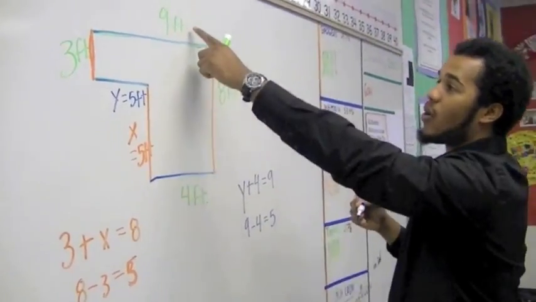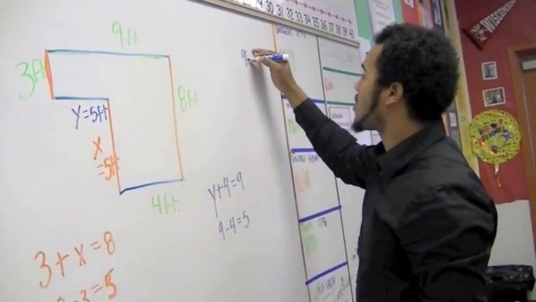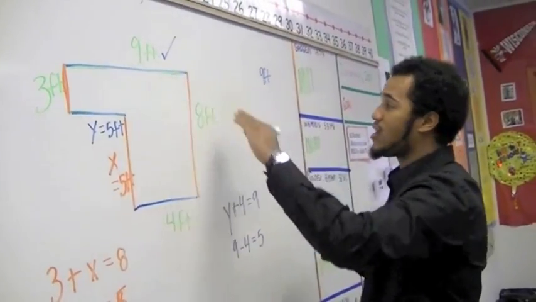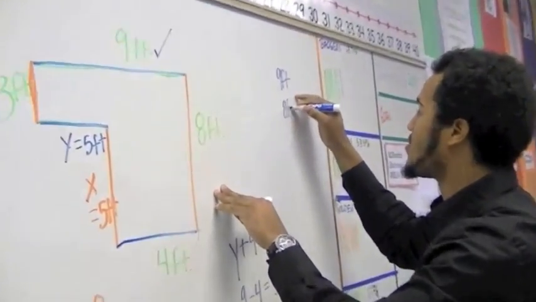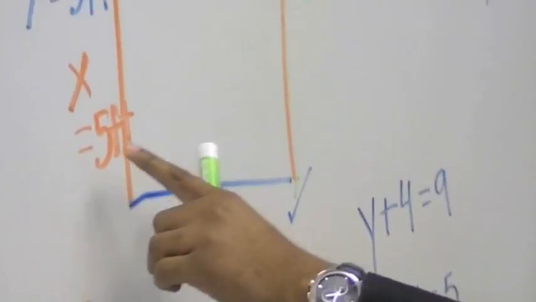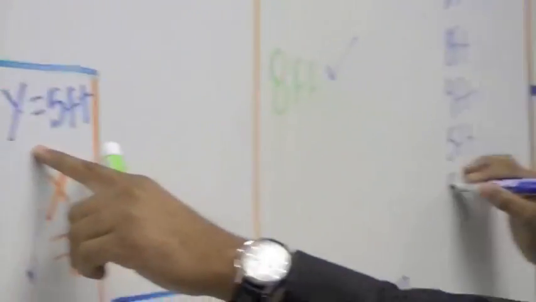Okay, so I'm going to add up all the sides. So we have 9 feet. And we're going to check off so we know that we wrote that there. We have 8 feet. Check. 4 feet. Check. 5 feet. Check. 5 feet.